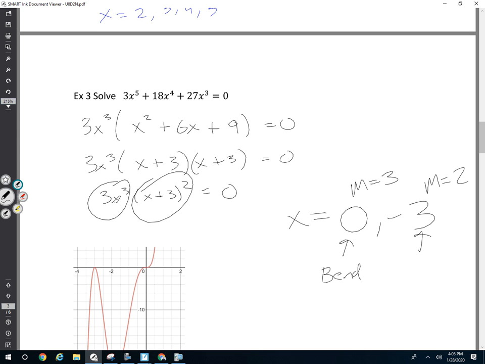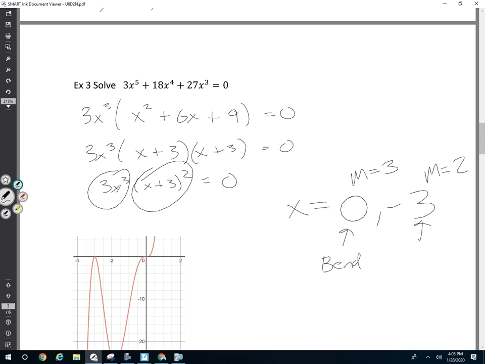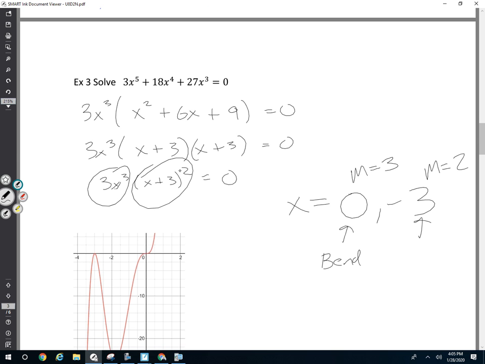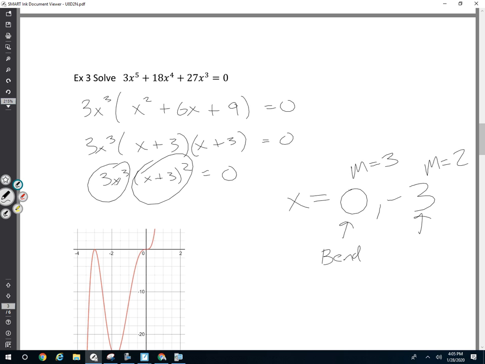If your multiplicity is even, what do you say? x plus 3 squared, or x plus 3 times x plus 3. Ms. Harvey, what do I say if my multiplicity is even? Look at the last page of your notes that we just filled out. And if you fill them out, you have the answer. If your multiplicity is even, what happens?